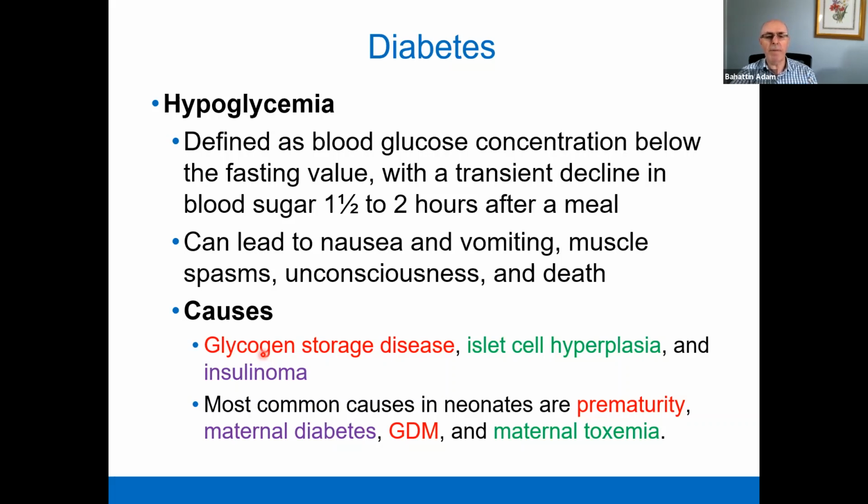The most common causes in neonates are prematurity, maternal diabetes or gestational diabetes mellitus, and maternal toxemia, other kinds of disease we see during pregnancy.